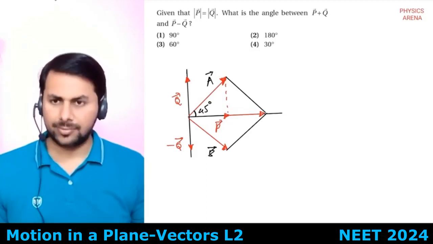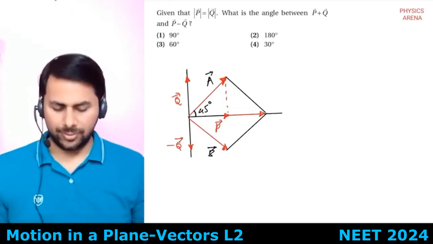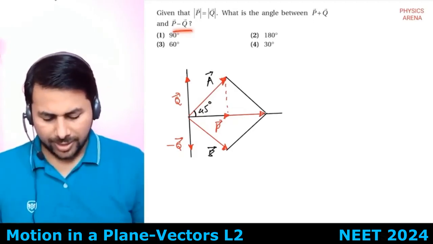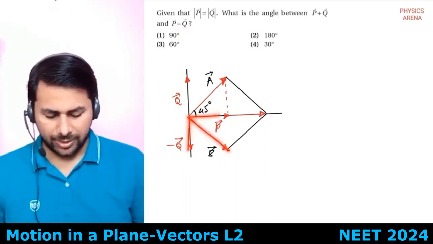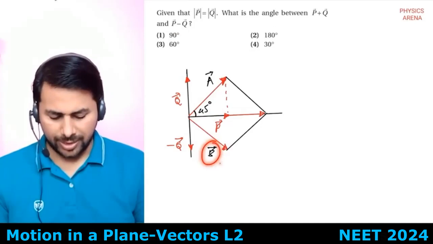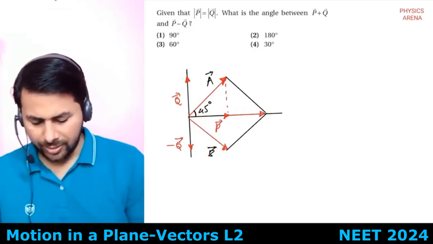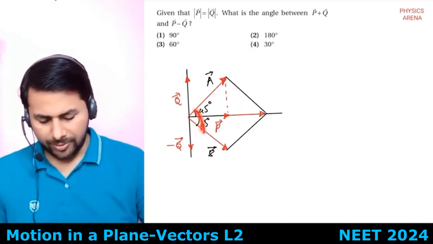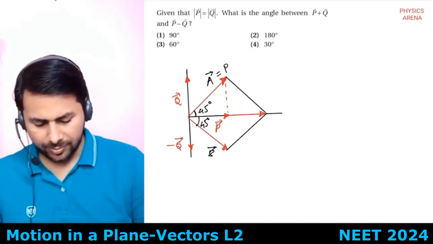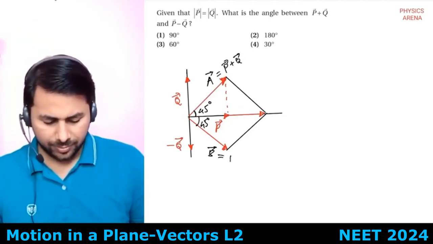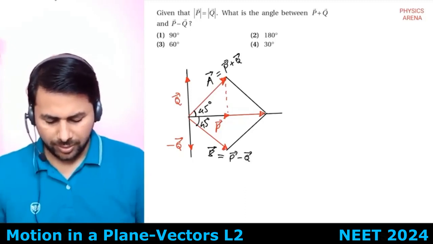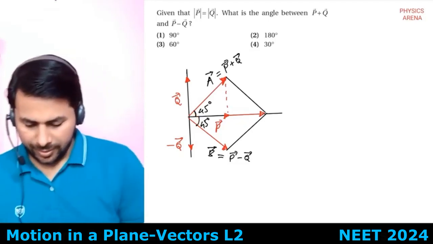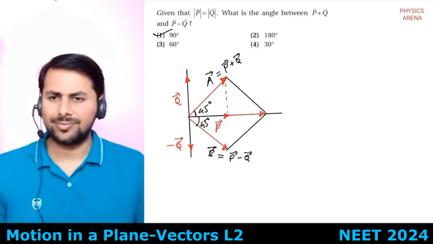And you have p bar minus q bar, so if p is equal to q, this is the resultant b bar, equal to p bar minus q bar. It will also be inclined at an angle of 45 degrees to p. So how much will be the angle between p bar plus q bar and p bar minus q bar? This angle is 90 degrees. This is the answer. Very good.